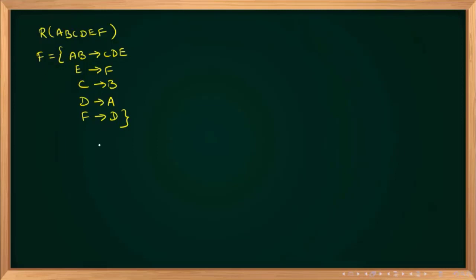Type fast. Grishma is also getting 5 candidate keys. Any other answer than 5? Anybody else got some other answer?